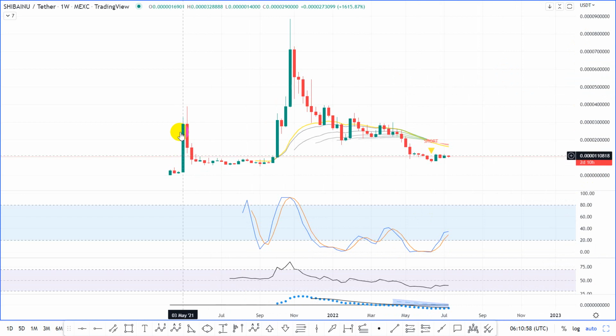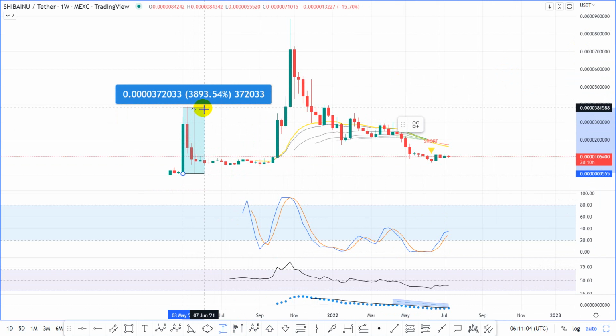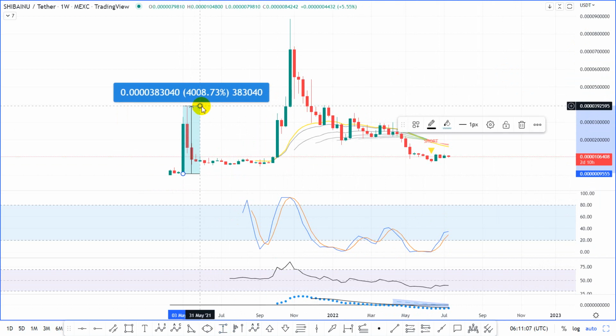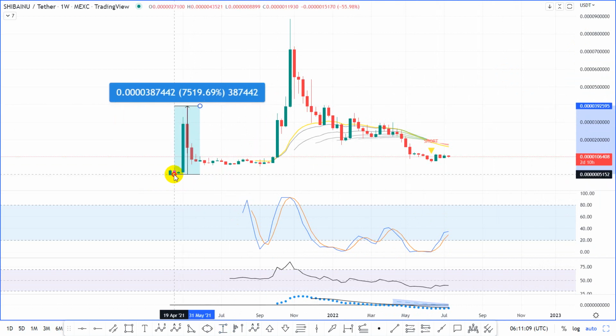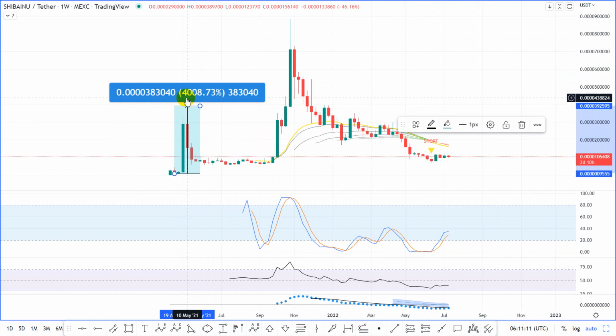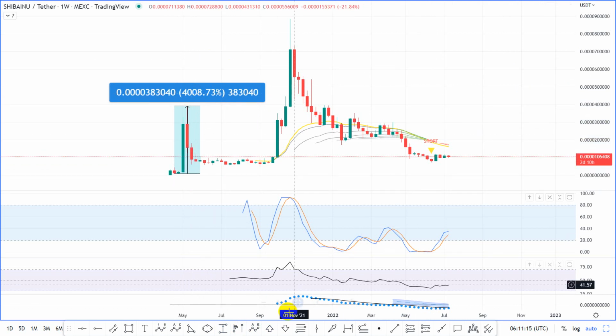And I tell you that this one is bigger. Now let's figure that out. Here's the low, here's the high, and you can see that over here it was plus 4,000% growth, right?